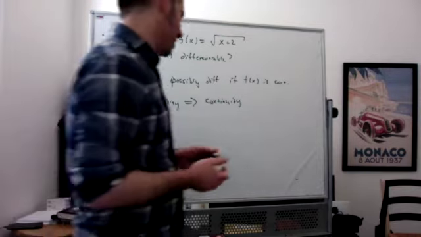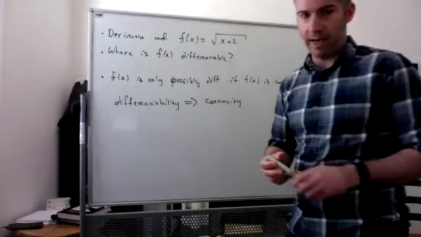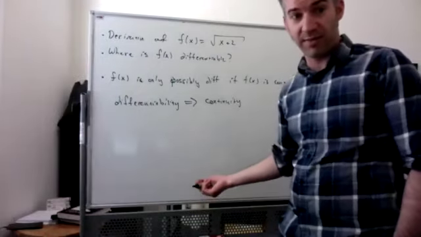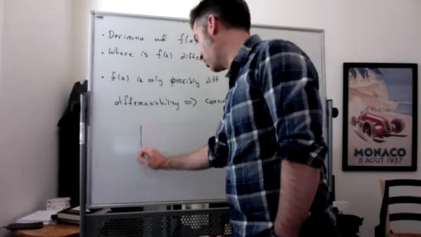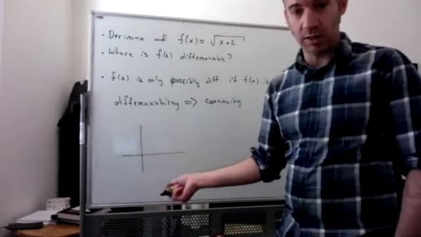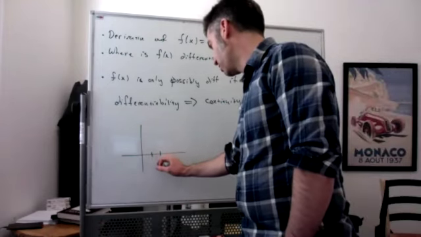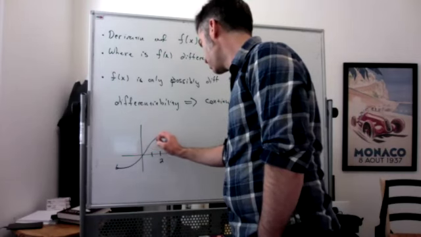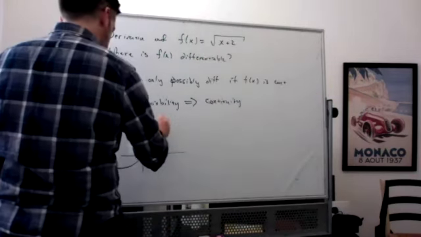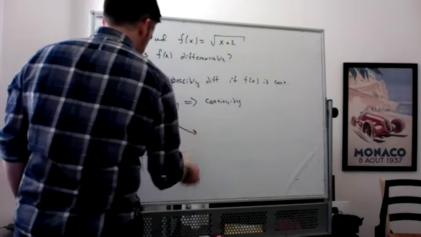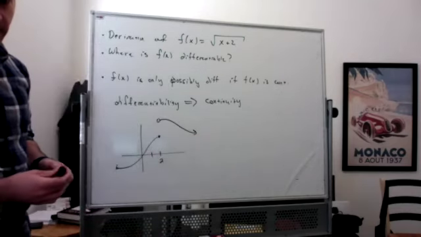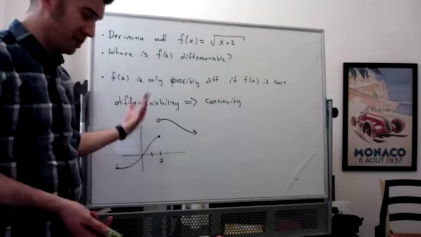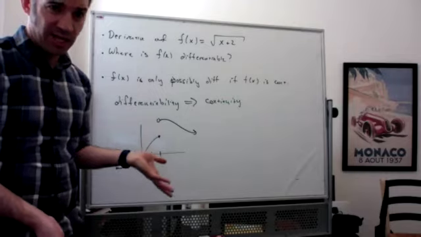Why? Well, let's look at an example. Just some silly graphs that are obviously discontinuous. Let's look at a jump discontinuity. Let's say we're looking at the point 2, and let's say we have a function that looks something like this, and then something like this. When we're asking what the derivative is at a point, in this case at 2, we're asking, what's the slope of the tangent line there?